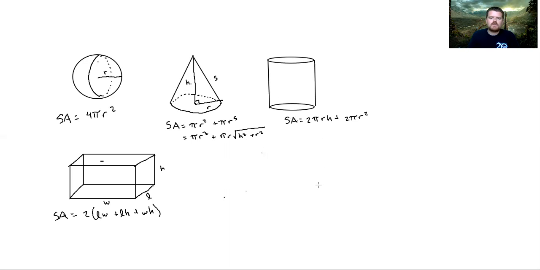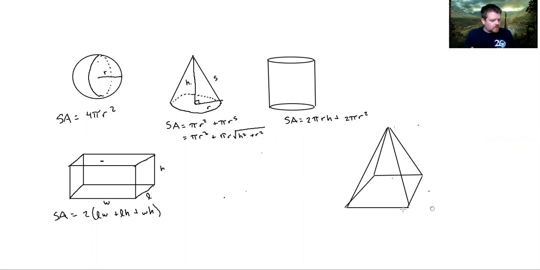And then last, you have the area of a pyramid. Usually if we're looking at the area of a pyramid, it's going to be that of a square pyramid, which means that the base is going to be a square. Doesn't have to be, and we'll talk about those different types of shapes here in a second. So if we have a square base, something like that.